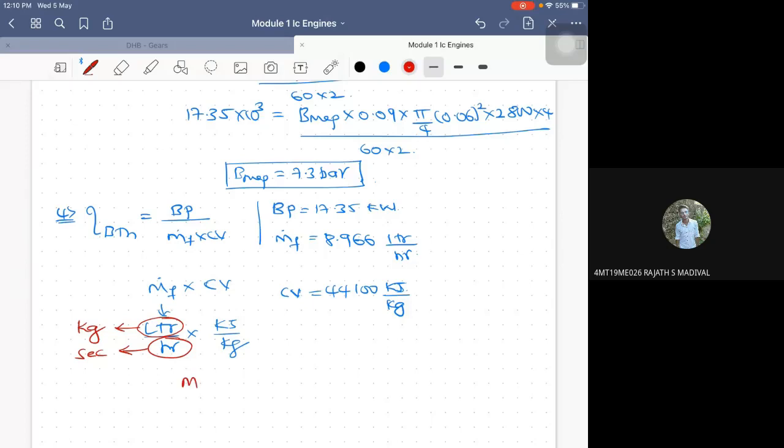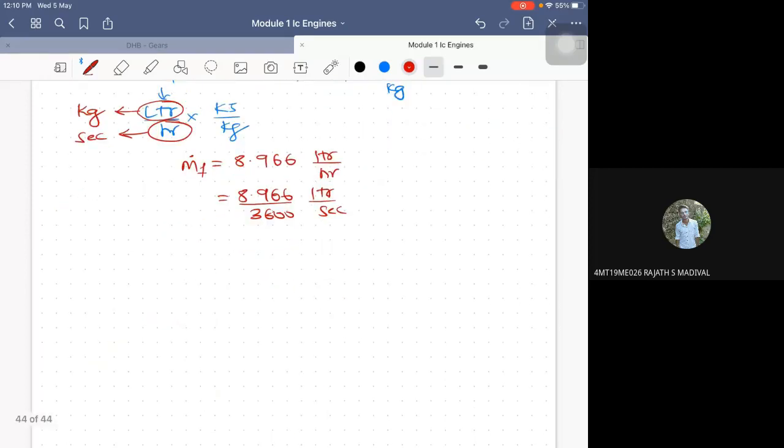So I would be taking MF dot, which is 8.966 liters per hour. I can convert this to seconds by dividing by 3600. Now it is in liters per second.